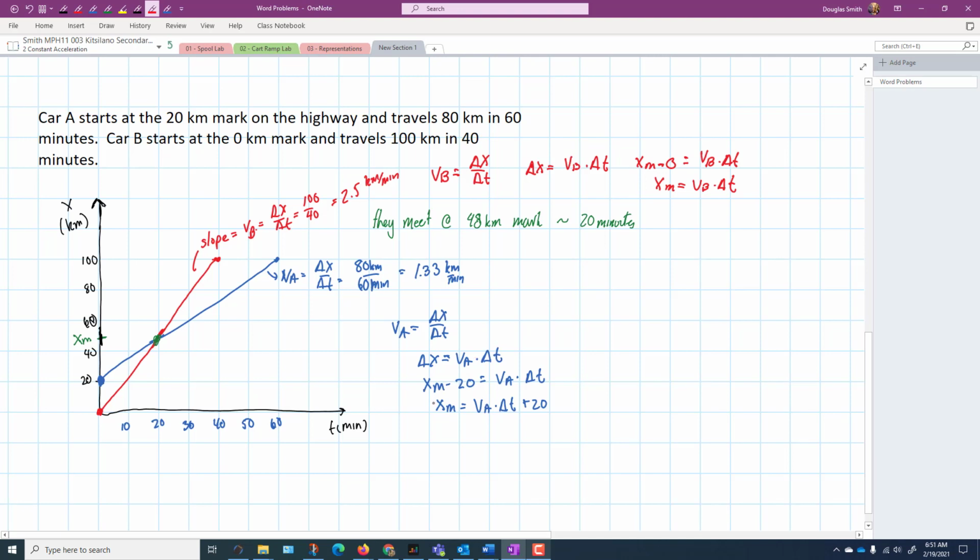So this thing here, like blue xm, is also equal to red xm. They're the same thing. So I'm going to write that out. VA delta t plus 20 is equal to VB times delta t. So now what I'm going to do is I will subtract this from both sides.